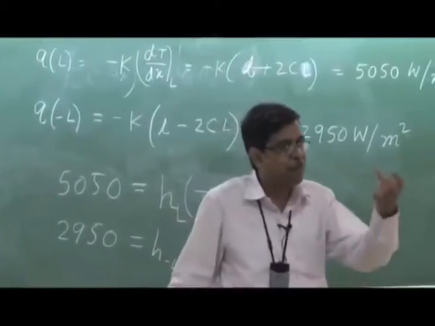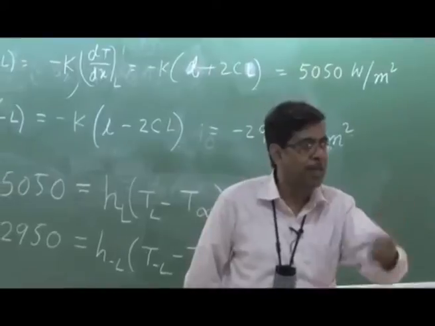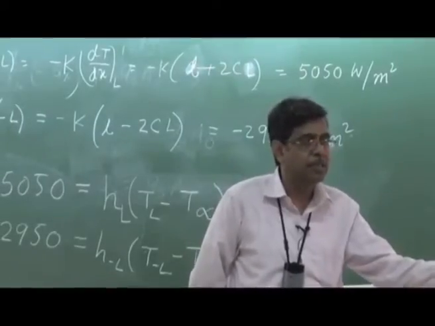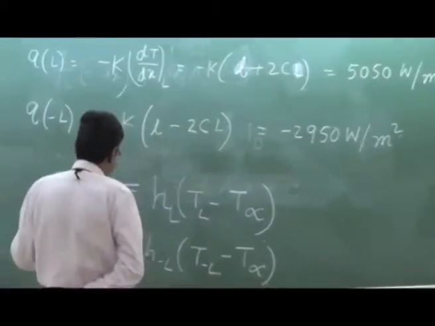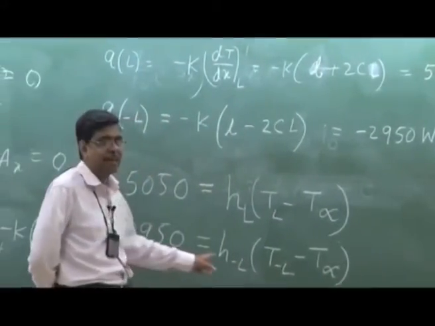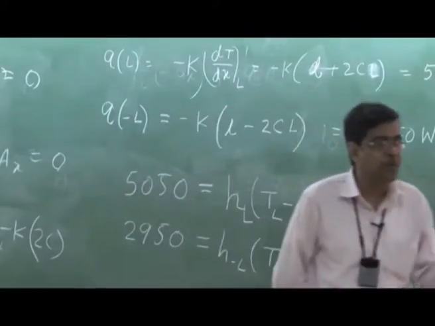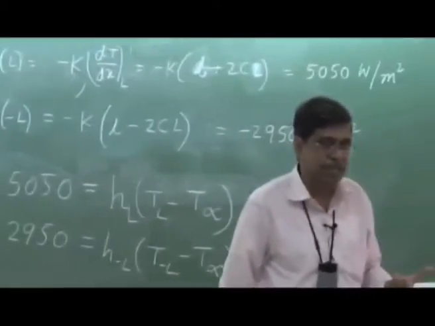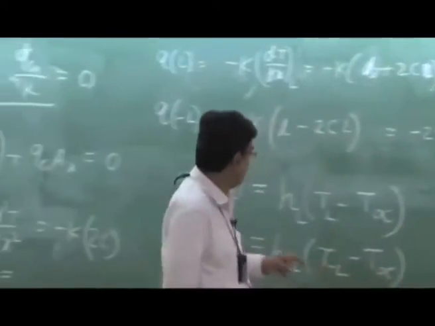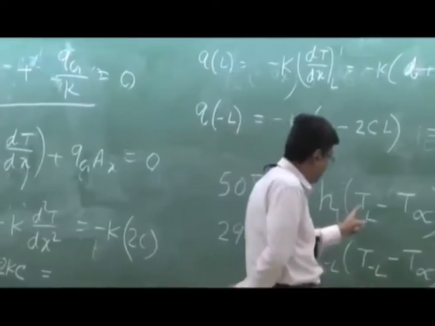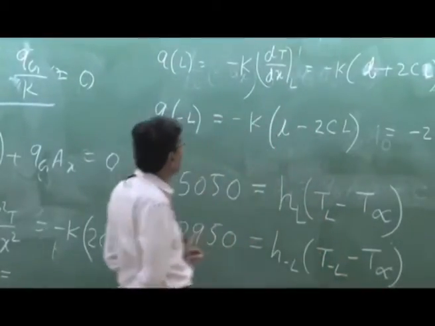You understand, I am not finding out with the directions, I am finding out the quantity of heat that is being transferred by convection. So therefore I will not do it with the plus minus sign. In that case a scalar quantity like H will come as a negative value. H is always positive, it is a heat transfer coefficient. You understand? So the scalar value of the heat transfer is being equated with the surface temperature minus free stream temperature. So T at L and T at minus L are already found out.